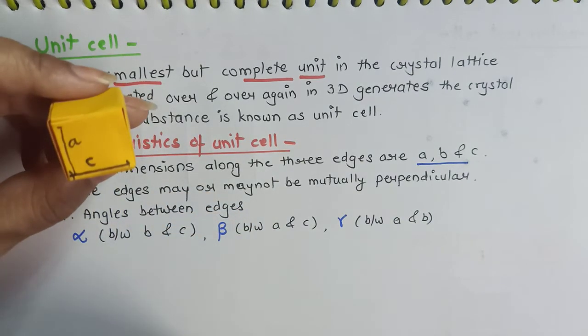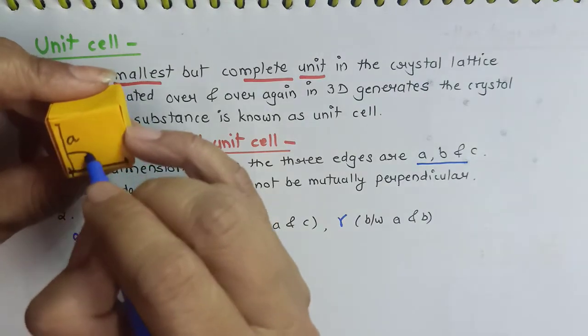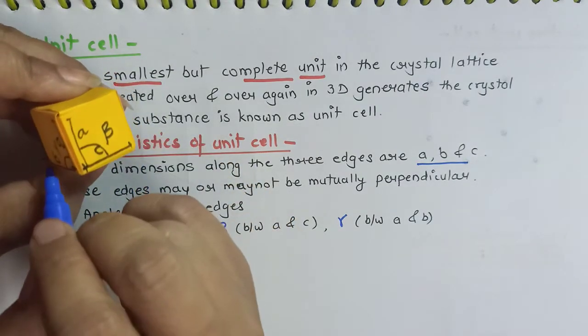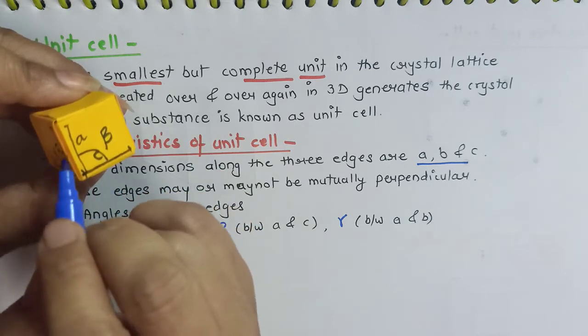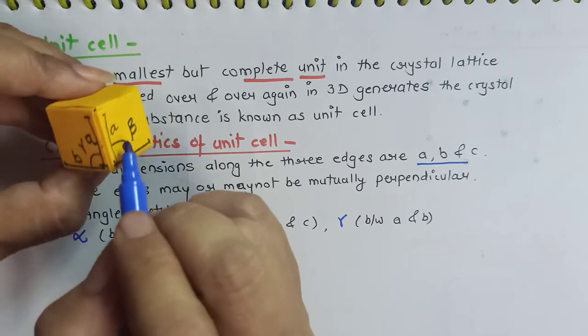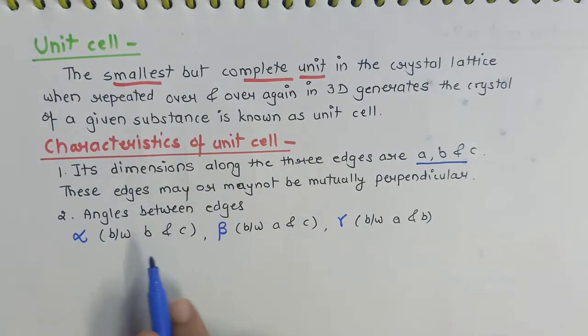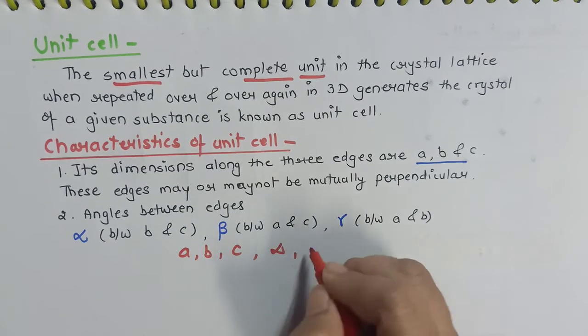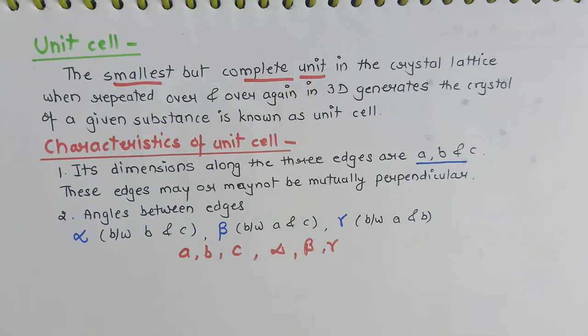The angle between A and C is called beta, and the angle between B and C is called alpha. So there are a total of 6 parameters for a unit cell: the edges A, B, C and the angles alpha, beta and gamma.